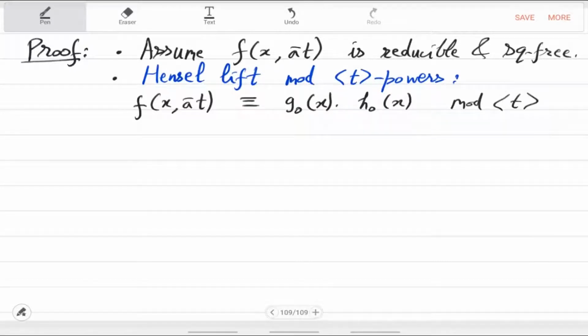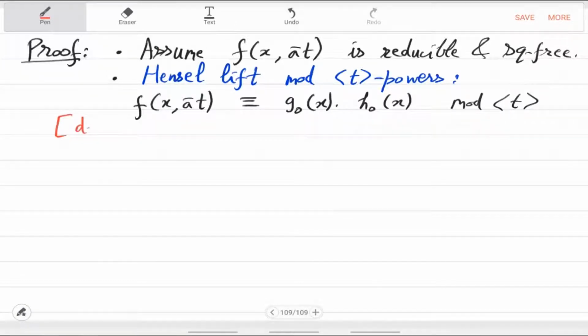Since we have assumed f(x, b bar), which is f(x, 0 bar), to be square free, that is a very important property, because now you know that G0 and H0 are co-prime. Okay, so this is a co-prime factorization, and we can assume G0 to be irreducible. So let us remember that.